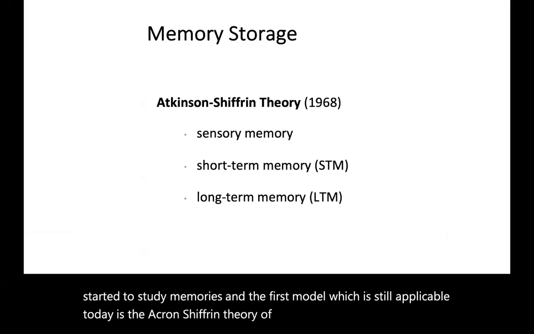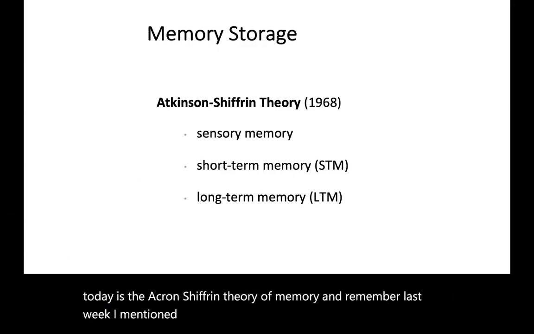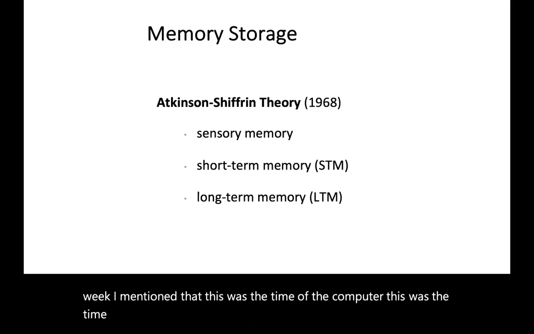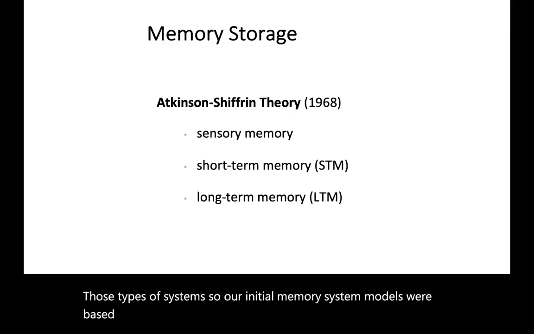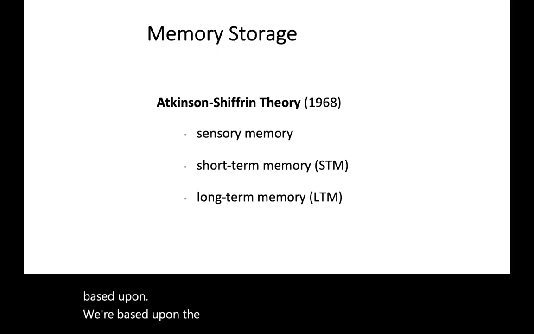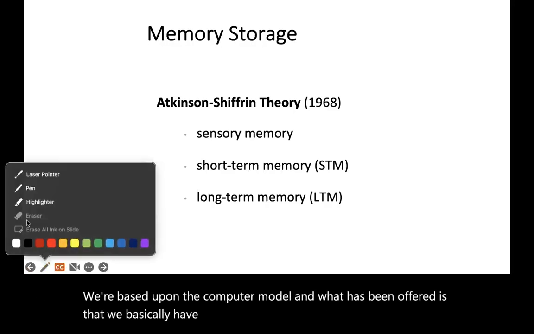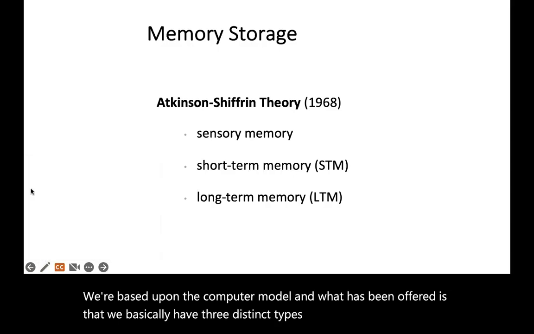And remember, last week I mentioned that this was the time of the computer. So our initial memory system models were based upon the computer model. Okay, and what has been offered is that we basically have three distinct types of memory.